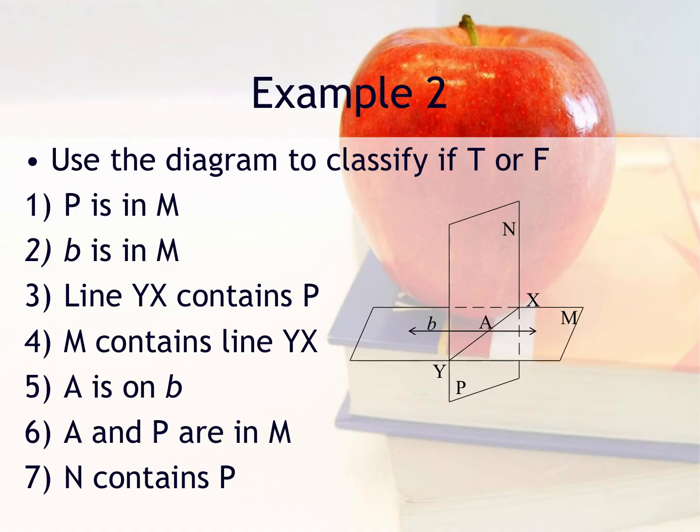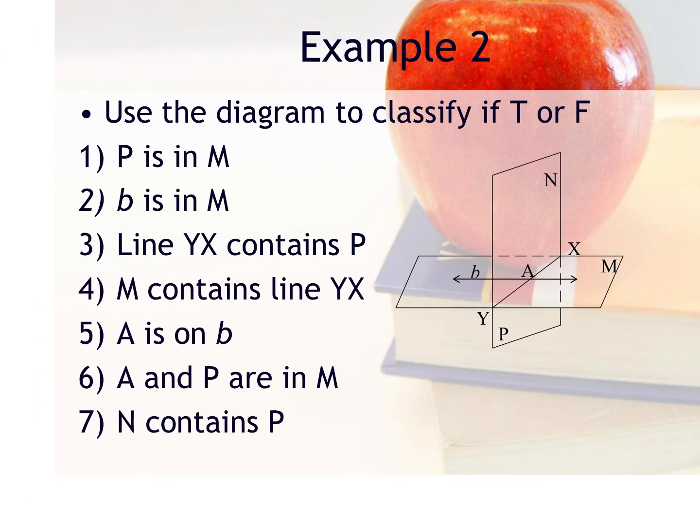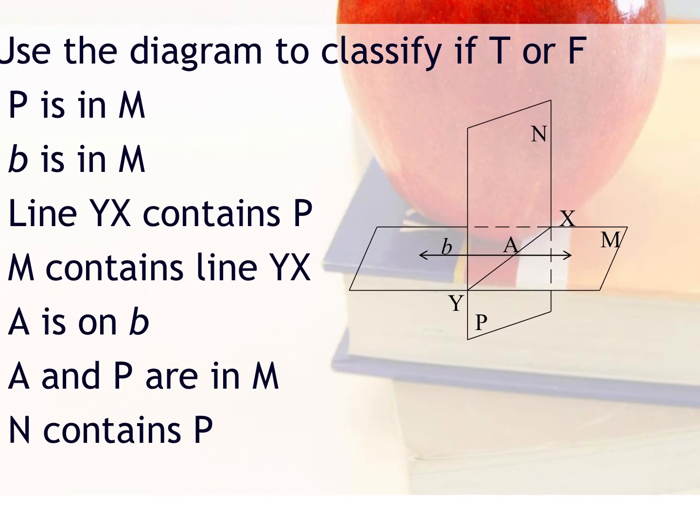Okay, so for this one, it's asking us to use the diagram. Now I'm going to add a few things to it just to clarify which letters here are points and which ones are names of planes. So if the capital letter does not have a dot next to it, then it's the name of the plane. So I'm going to leave N as the name of the plane and M as the name of the plane, but I'm going to put a little dot next to Y, A, X, and P. So Y, A, X, and P are all points.